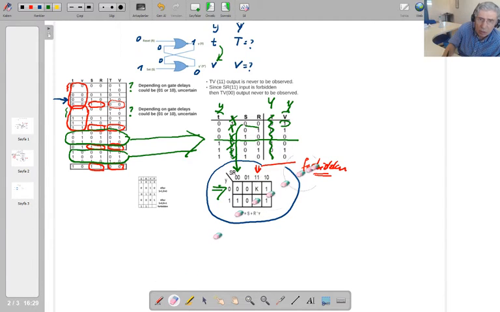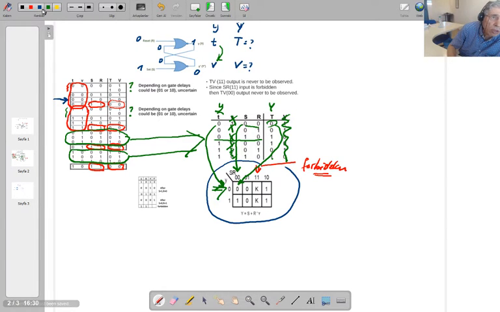So clear this here and say that I have chosen T here, so forget that T, I'm going to observe capital Y. So present state is 0, so that is 0. And apply 0, 0, this one. The next state is 0, so that's the capital Y is 0, so that's this 0.